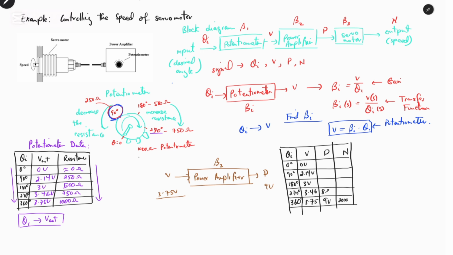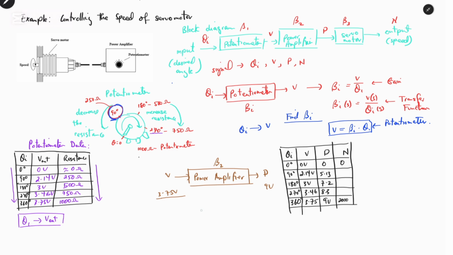We have 8.3 volts, 7.2 volts, 5.13, and 0 volts. So in that case, we can see the speed can be 0. And remember the relationship between the input to the servo motor and the speed, we should be able to determine beta from these two values.